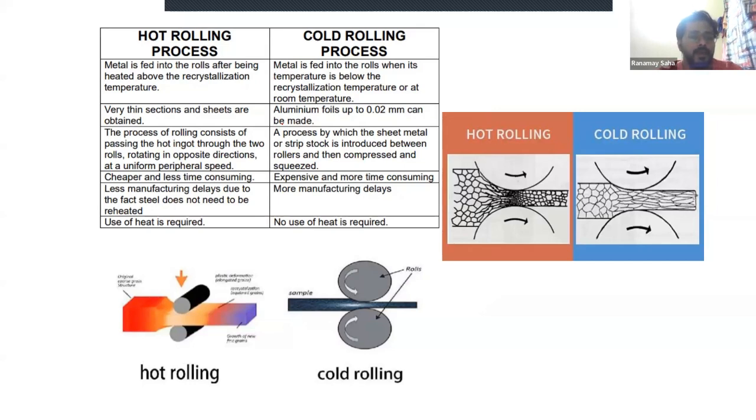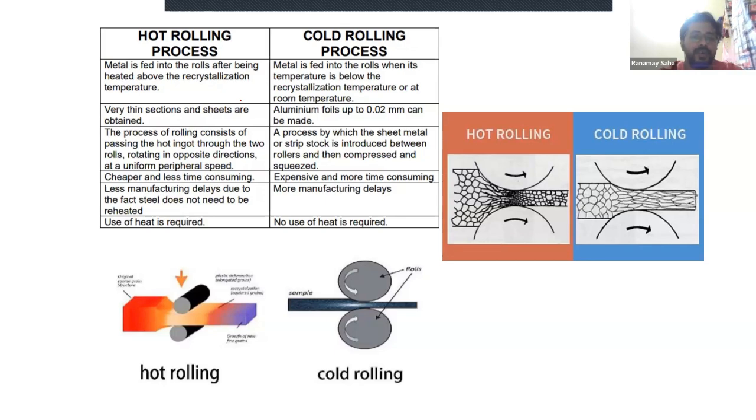Now, of course, because high heat is required in this case, the microstructures reform and recrystallize, and you may need high post-processing in the case of hot rolling.